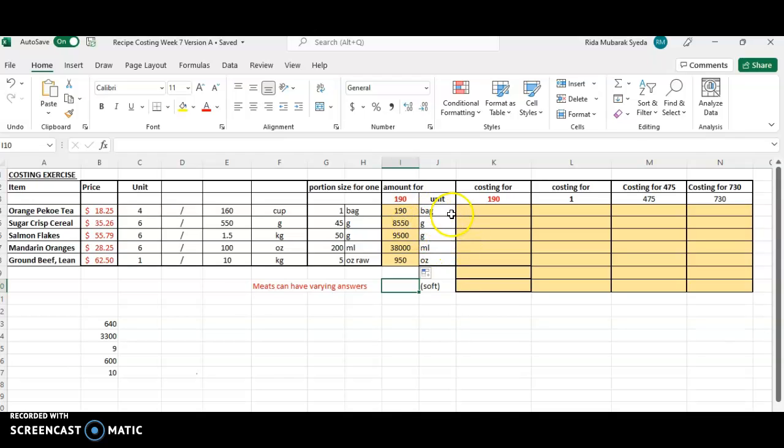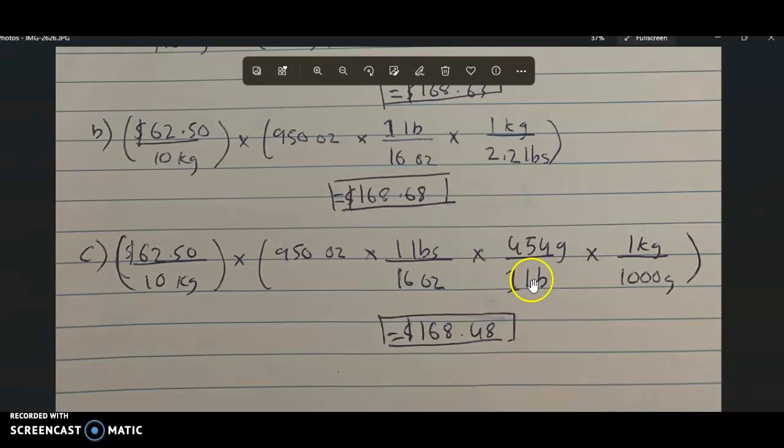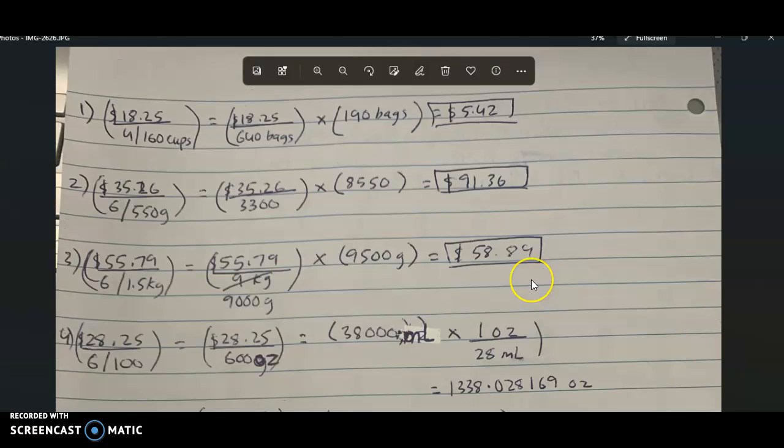Now we are asked to find the costing for 190 people. Here are the steps that show how to do it. For the first one, we had the tea. The price for the tea was $18.25, and we know 640 is the unit, that's how many bags each case carries.